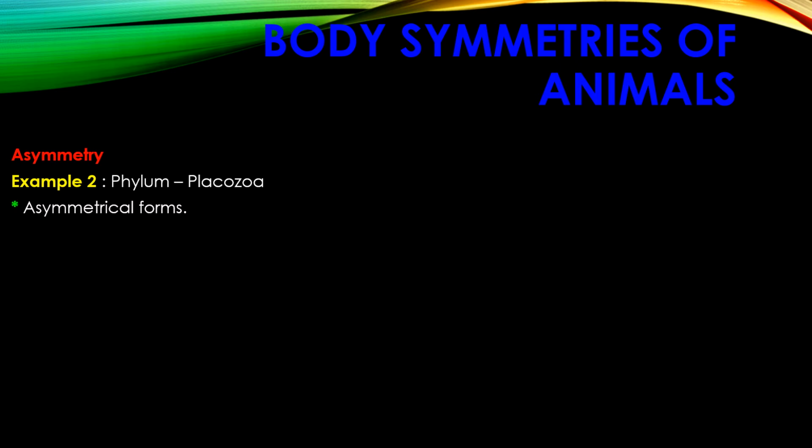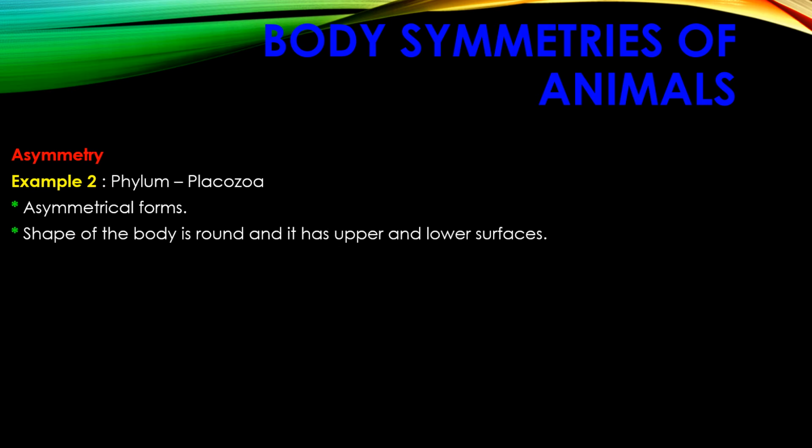So basically, placozoans are also asymmetrical animals. Their body is not symmetrical. The shape of the body is round and it has upper and lower surfaces.